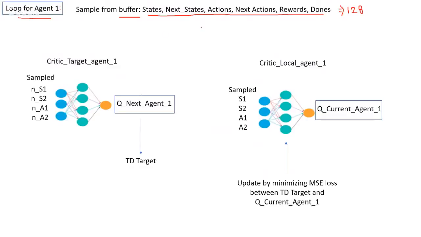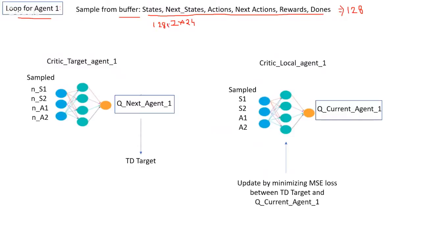You have a batch size of 128, let's say. Then what I do is I take the next state of agent 1. So next states will be 2 by 24, and since it's 128, it's going to be 128 by 2 by 24.